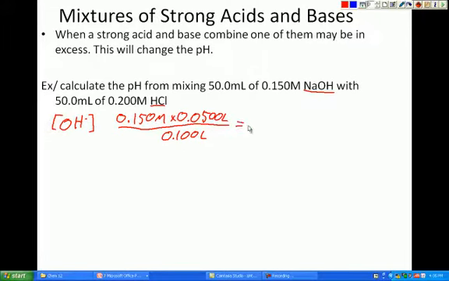And we find that the concentration of OH is 0.075 moles per liter. And that is of hydroxide.